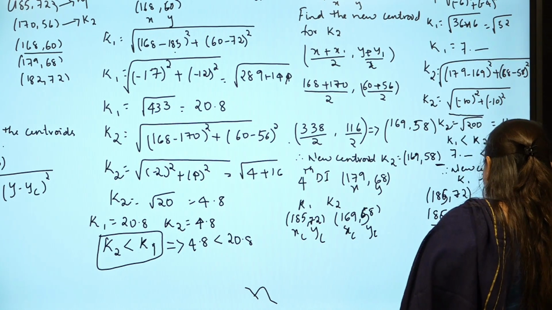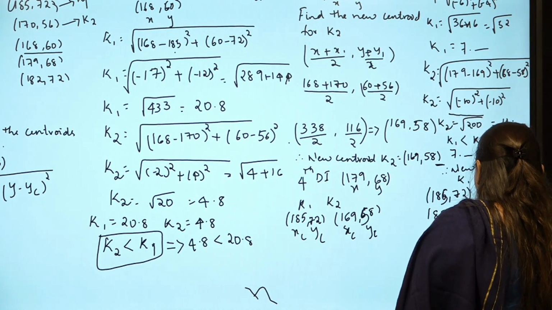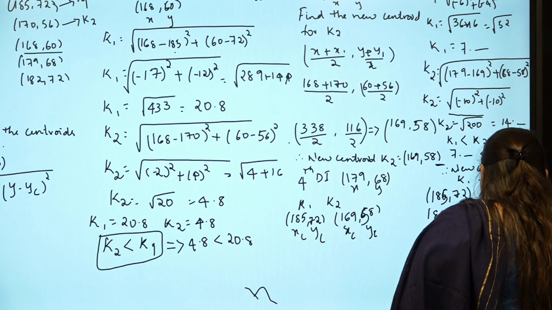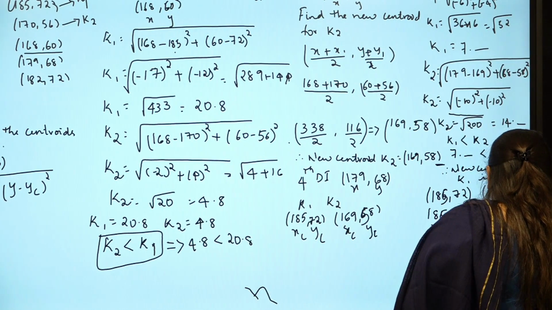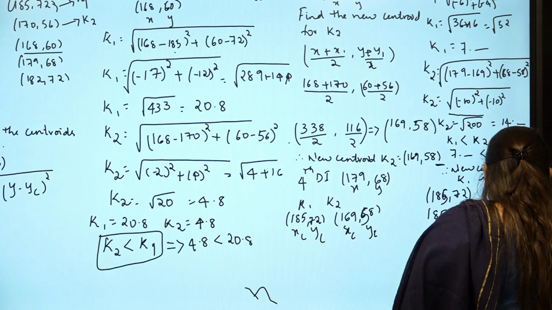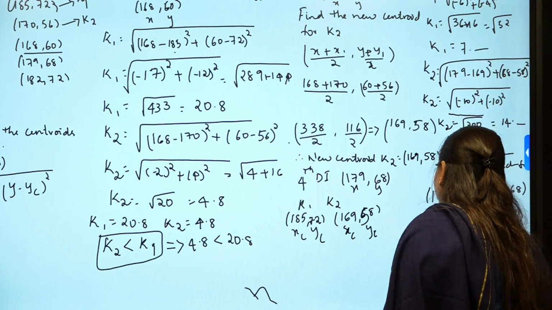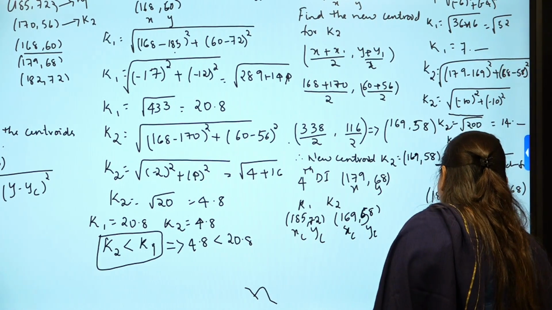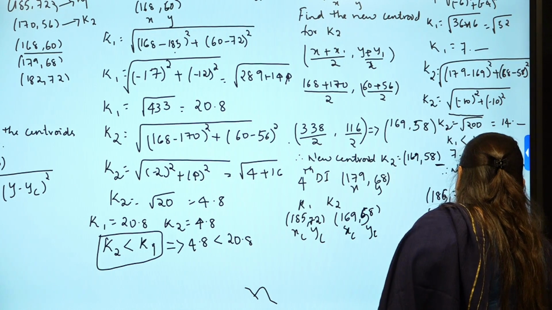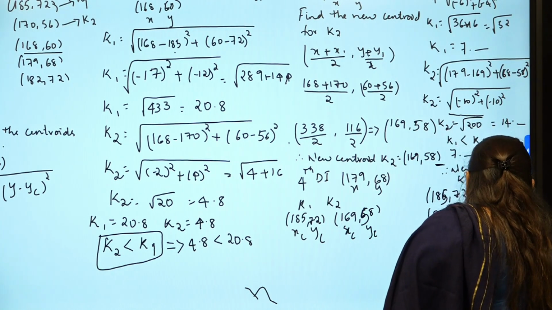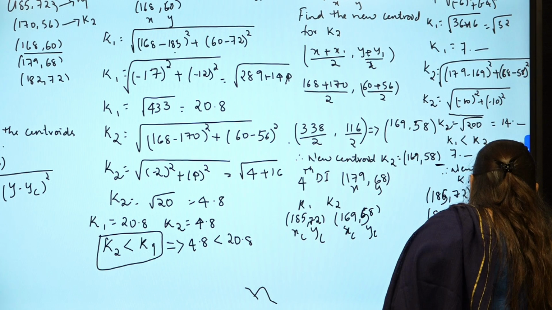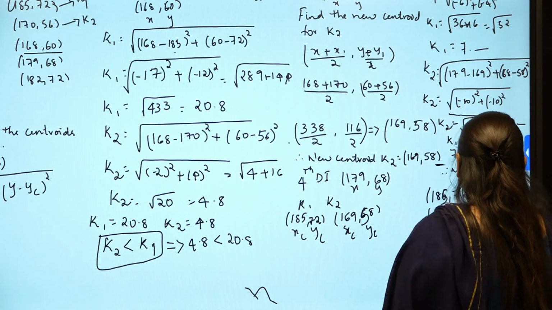So you will get the value as 132 comma 70. This is your new centroid. Therefore the new K1 is equal to 132 comma 70. That's it.